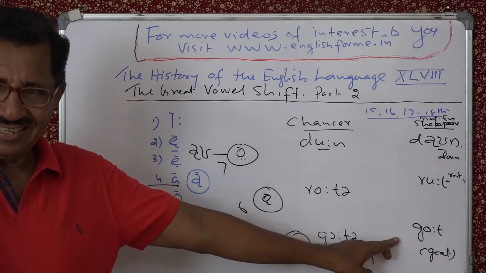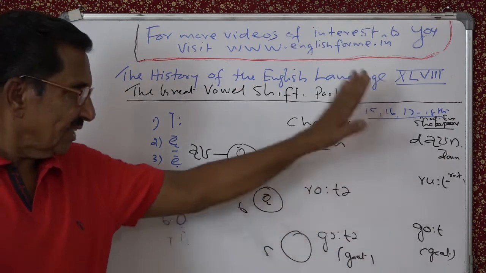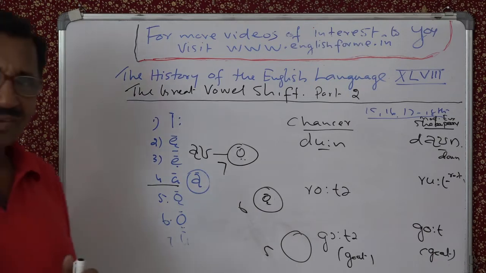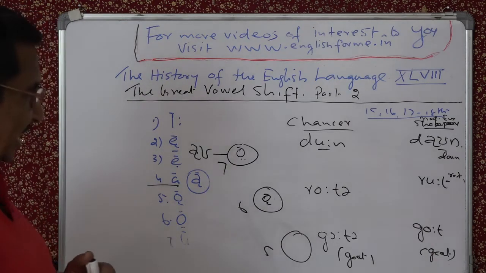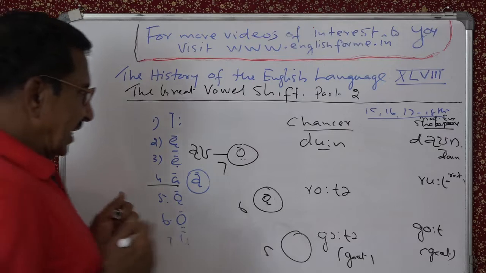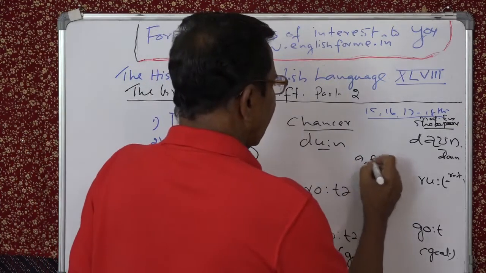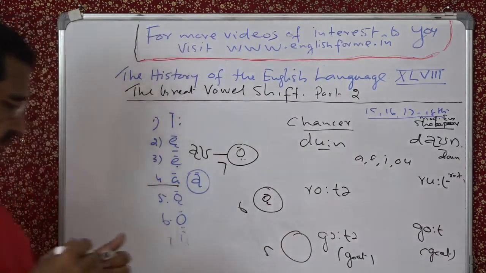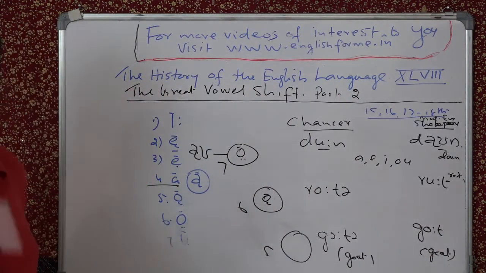Did you get that point? So there is shift. Now what happens? Did you notice? 2 vowels disappear. 7 minus 2. That means how many we have? 5. And this is what we say, A-E-I-O-U. So you will ask me immediately, sir, where is the A?